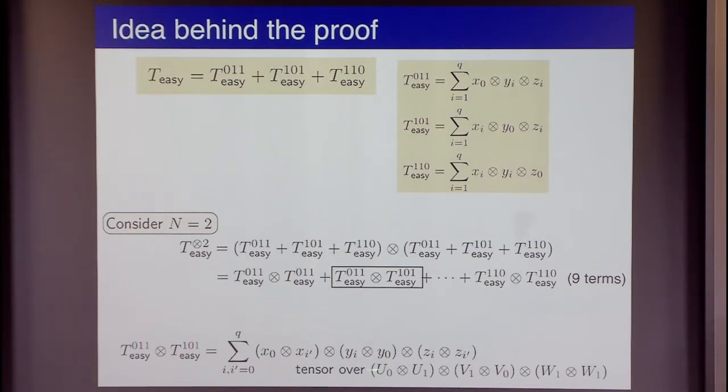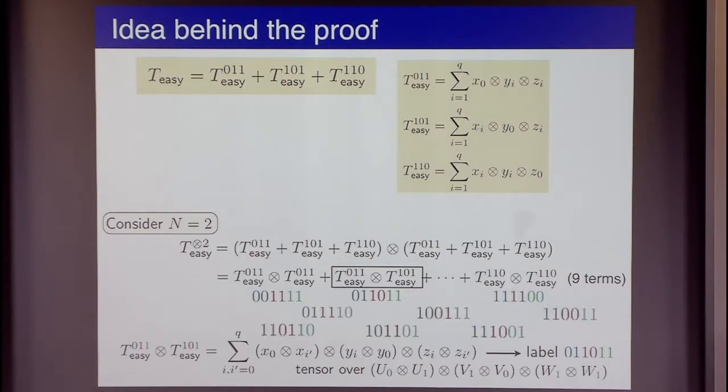It's an element of this tensor space. If you look at the subscripts, you have 0, 1, 1, 0, 1, 1 here. So we will label this term by this list of subscripts in this order. This one is labeled 0, 1, 1, 0, 1, 1, and the other terms are also labeled. So we have 9 labels.